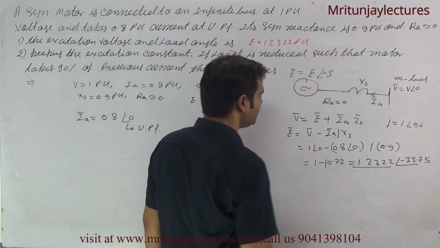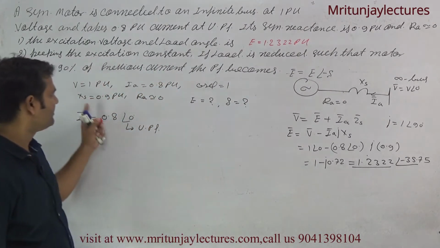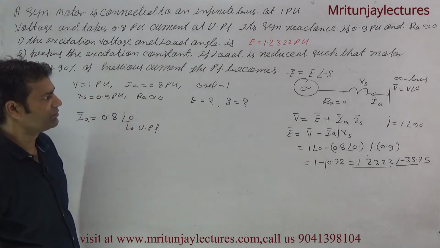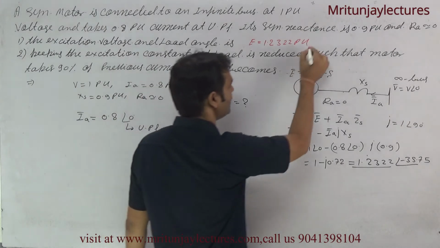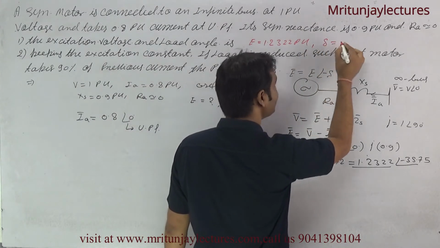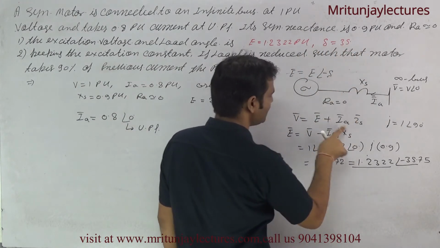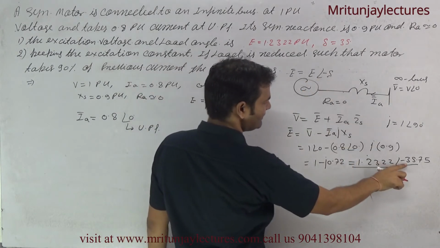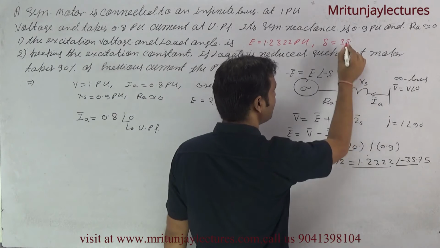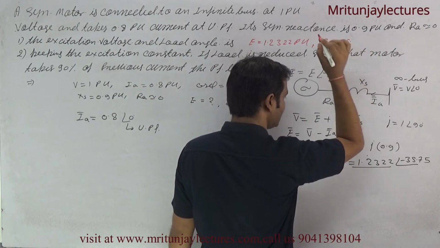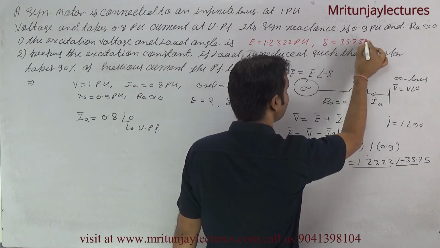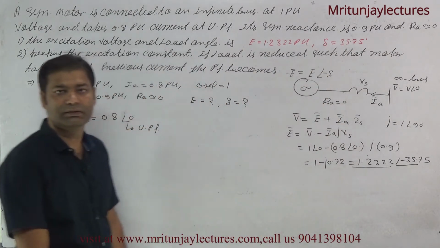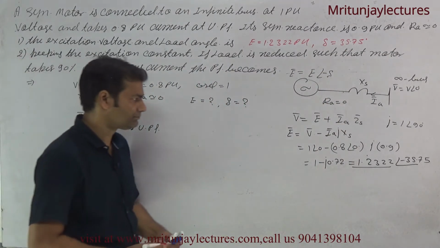Why pu? Because all parameters are in pu. And the load angle delta: comparing this one, minus delta and this is minus also, so delta is equal to 35.75 degrees. Clear?